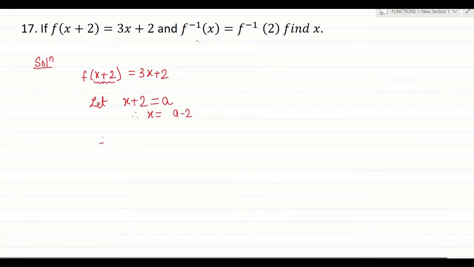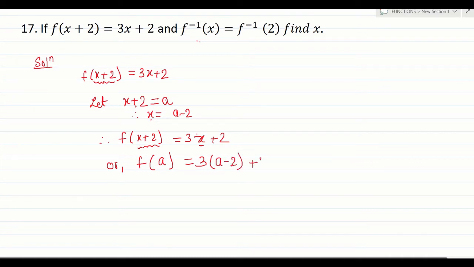So from our given condition, f of x plus 2 equal to 3x plus 2 can be written as f of, in place of x plus 2, we can put a, is equal to 3, here x means a minus 2, so we can put a minus 2 in place of x and this plus 2 as it is, or it is f of a equal to 3a minus 6 plus 2, it is equal to 3a minus 4.